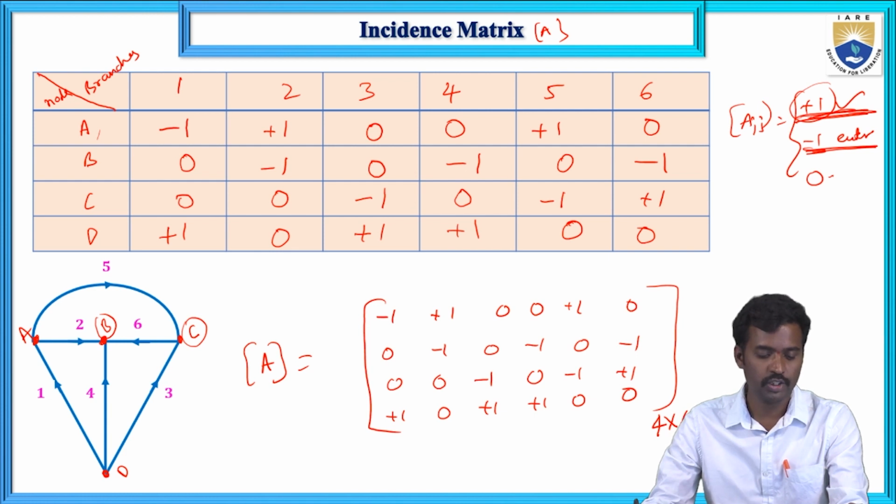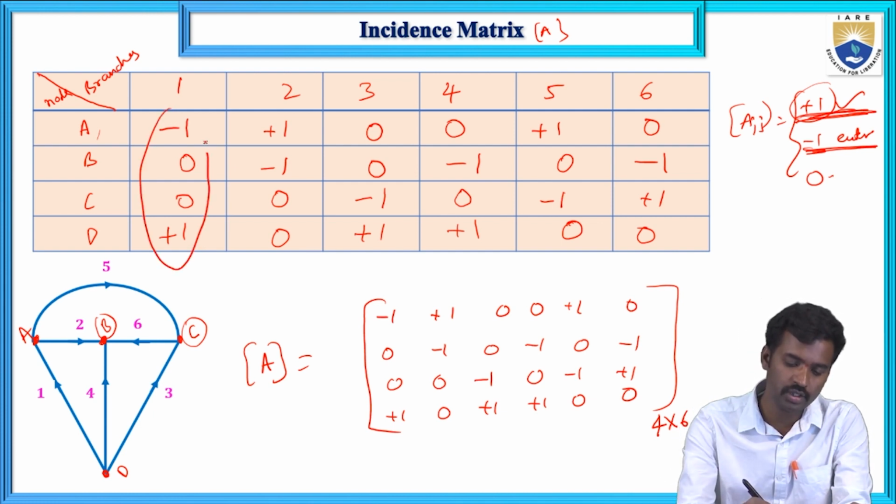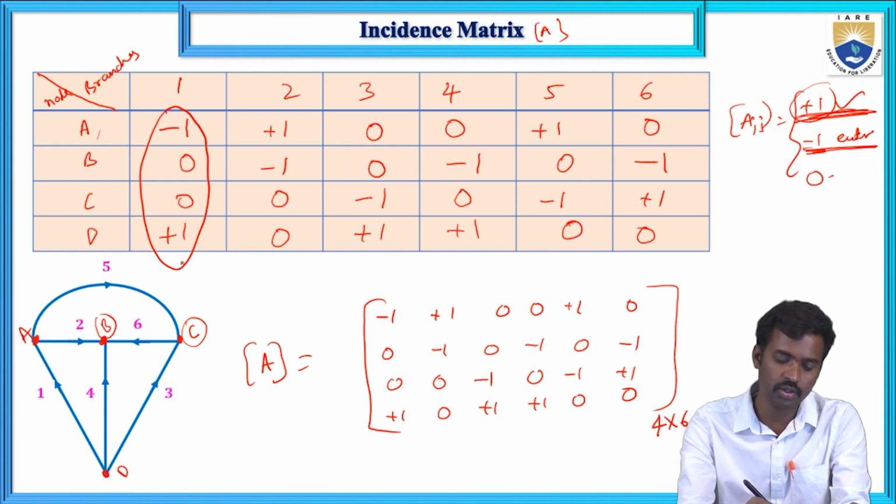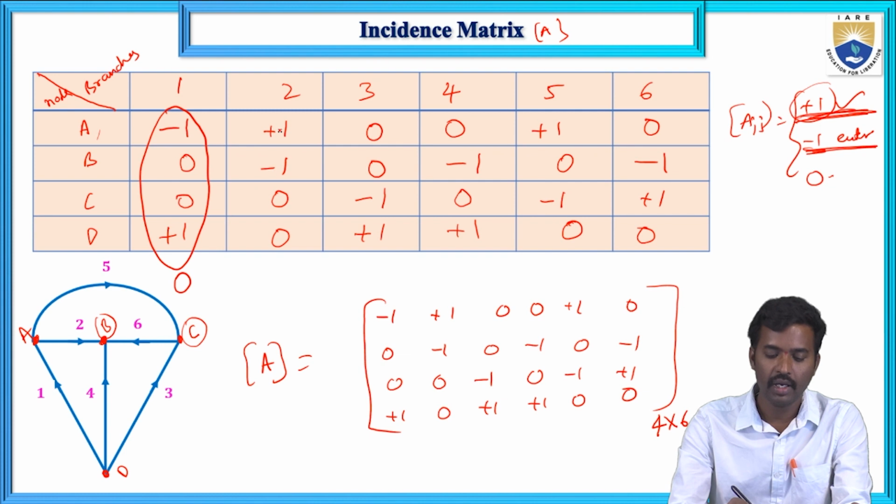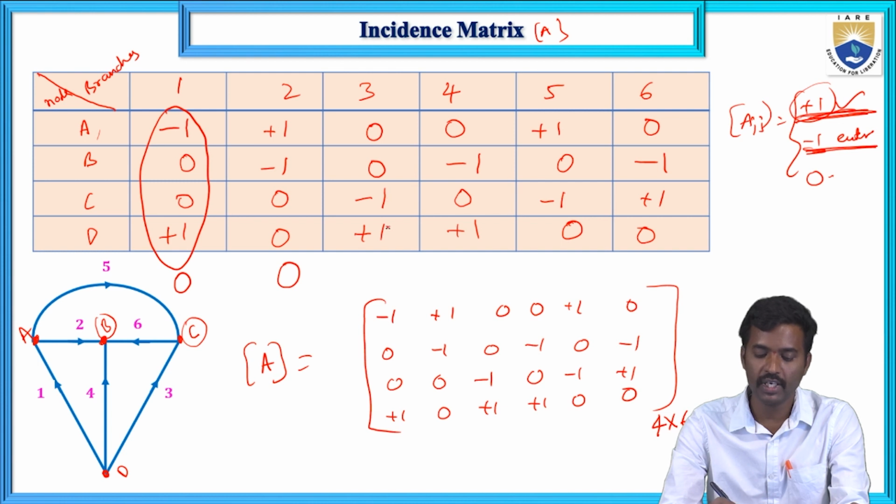Now, first property: the algebraic sum in any column must be 0. In the incident matrix, the algebraic sum of -1 + 0 + 0 is 0, and +1 -1 0 0 is 0, and 0 0 -1 +1 is 0, and -1 plus 0 is 0, and +1 0 and -1 and 0 is 0, and 0 -1 +1 is 0.